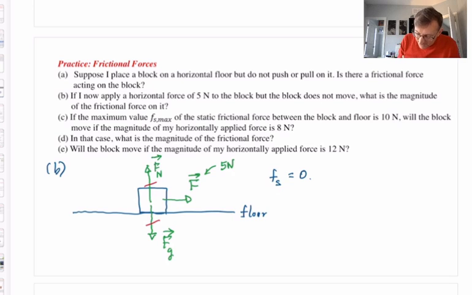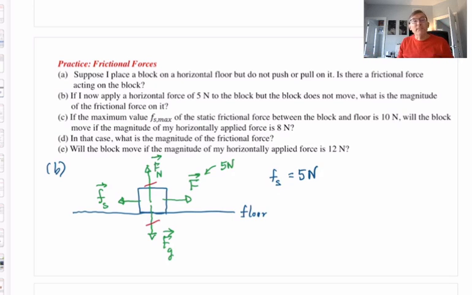And of course it has to be very specific, the static frictional force, little f sub s. And now the magnitude of F sub s is not 0, but it exactly balances the magnitude of the applied force, so it's 5 newtons. There's nothing more to it than that.